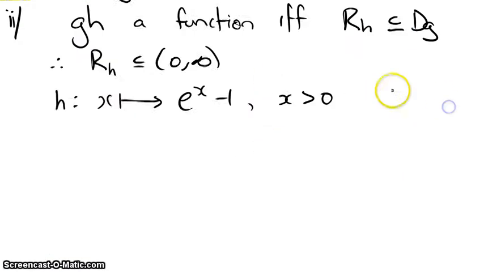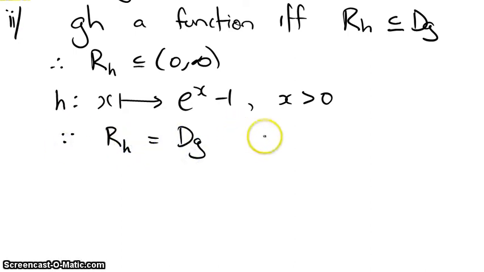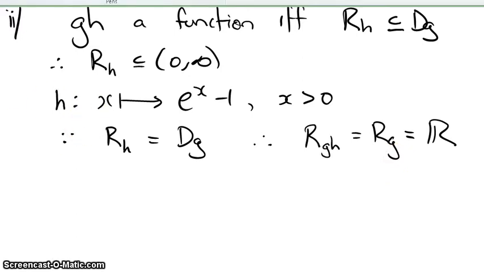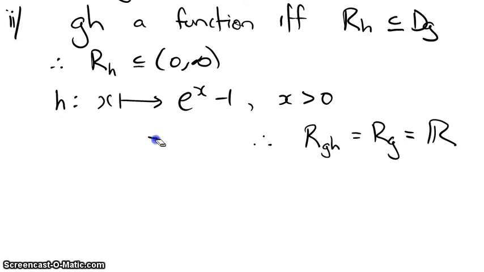So because the range of h equals the domain of g, the range of gh is just going to be the range of g, which we know, looking at the function ln 3x, is all real numbers. But maybe you're not convinced by that. How else could we do this if we didn't want to use this somewhat hand-wavy logic?